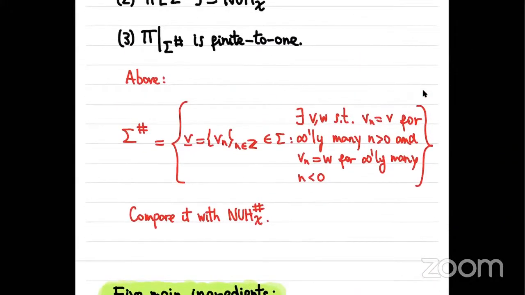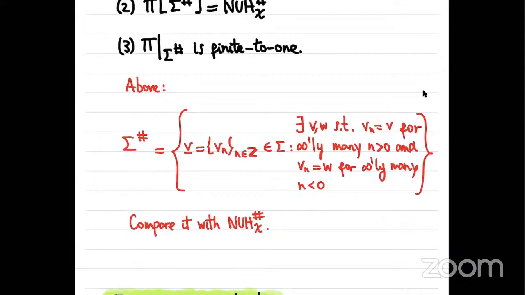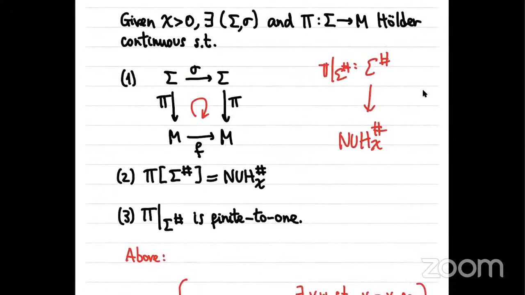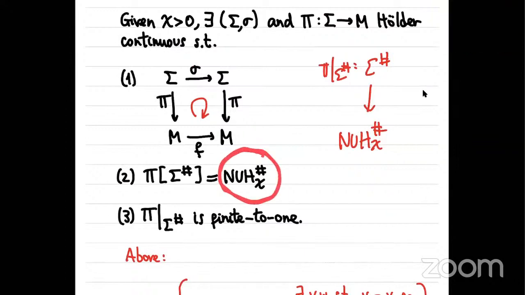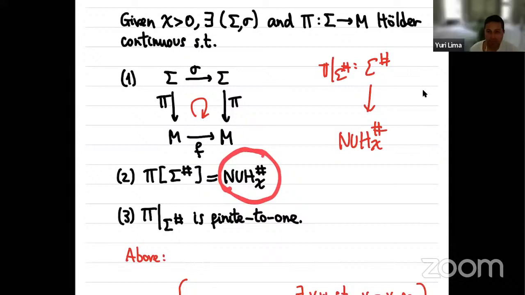Excuse me, Yuri. I'm sorry, the original pi, is it surjective? It is surjective onto this guy. But outside this guy, not necessarily. And even not the original, we use the same pi.